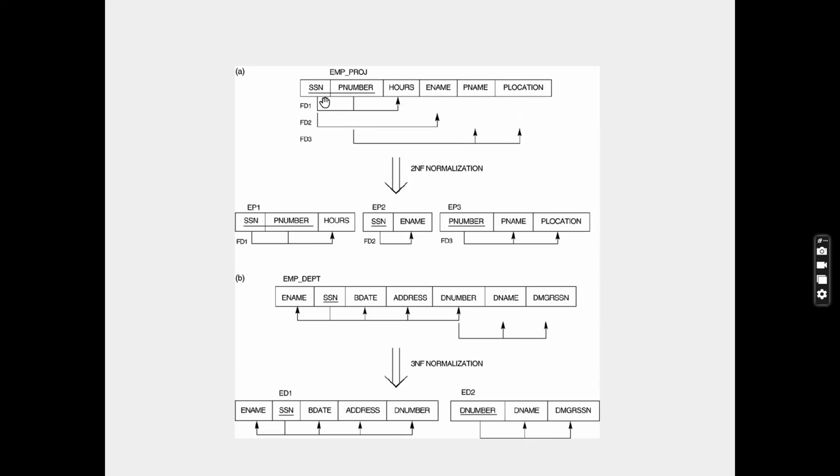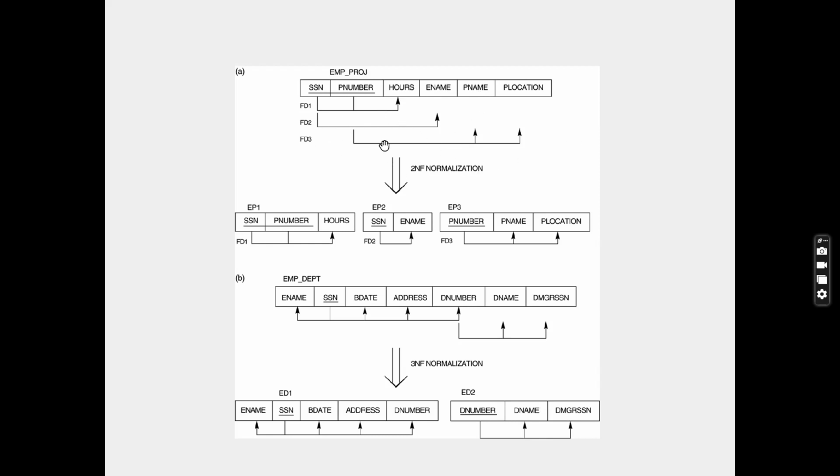So you can see here, if you take non-prime attributes, the attributes that are not part of the primary key, number of hours fully depends on the primary key. This is okay. But if you look at this one, this is only part of the primary key, which is violating. And this one is also partial on the primary key. This is also violating.